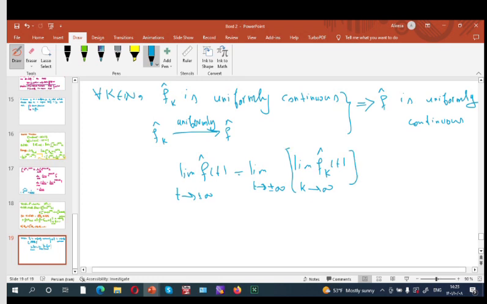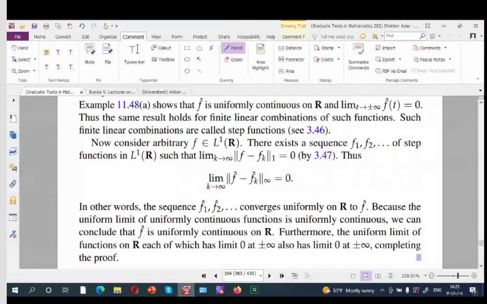But this is equal to this limit by uniform continuity, okay? We can replace these two limits, then the limit of f k as t tends to plus or minus infinity is equal to 0, so this is equal to 0.